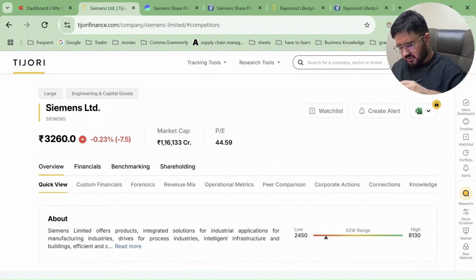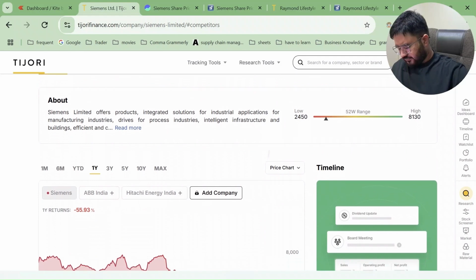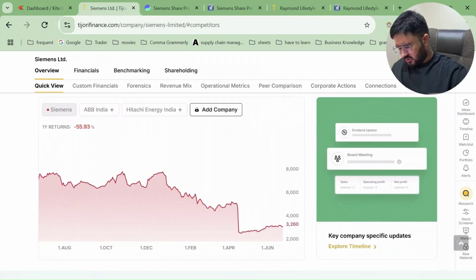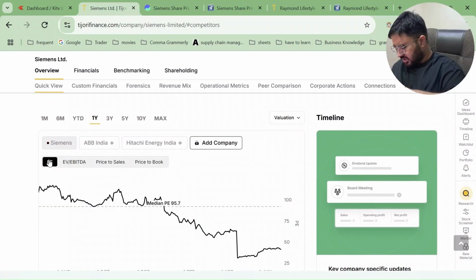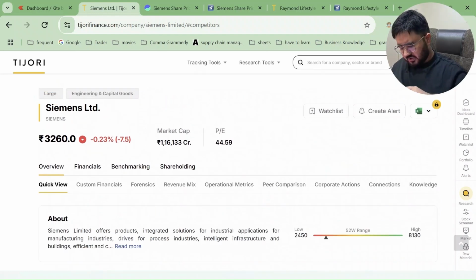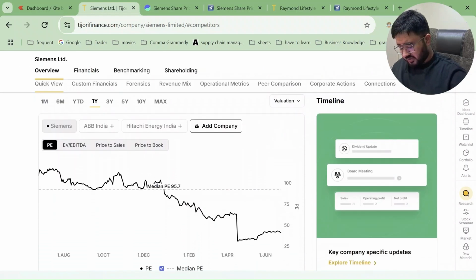So you have to go to the price chart. Now we don't want the price chart, we want valuation. And here price to earnings is selected. On the top, if you could see, it was 44.59. How will you interpret it?